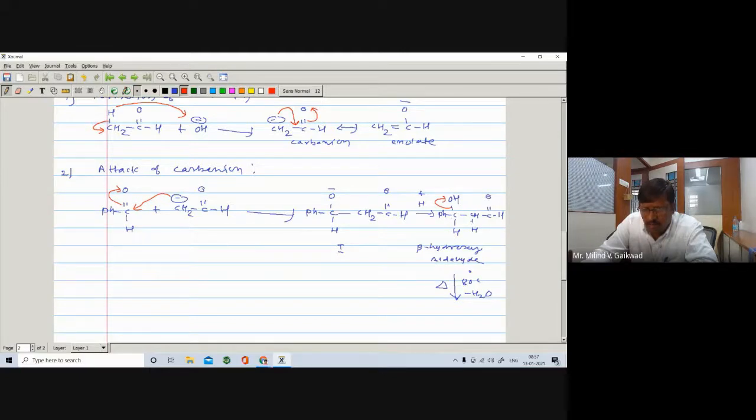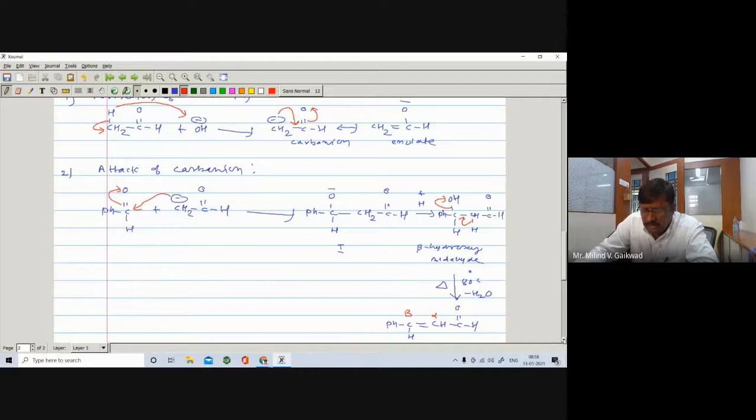Similarly, this sigma bond will shift here and there is a formation of a double bond, and you can get the corresponding TM, that is an alpha beta unsaturated aldehyde, Ph, C, H double bond C, H, C double bond O and H.